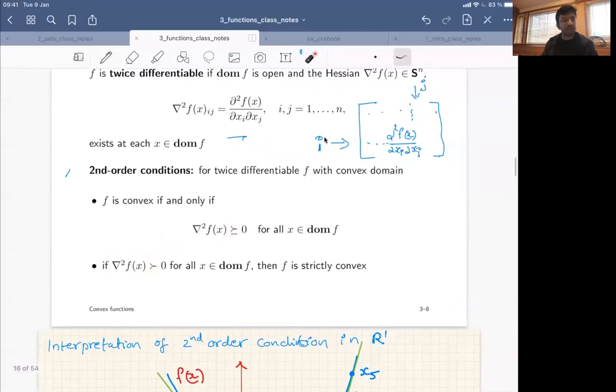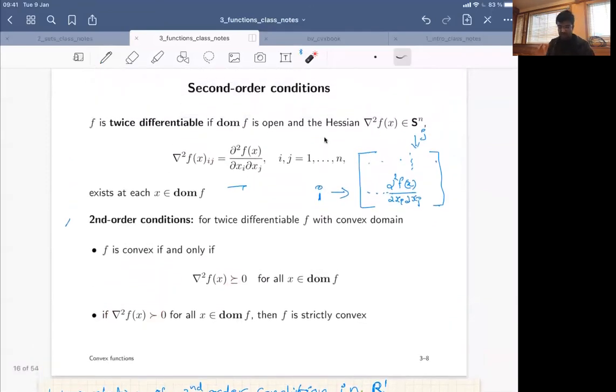I am not yet at the second order conjugate. Here I am making a general statement: whether the Hessian exists or not.